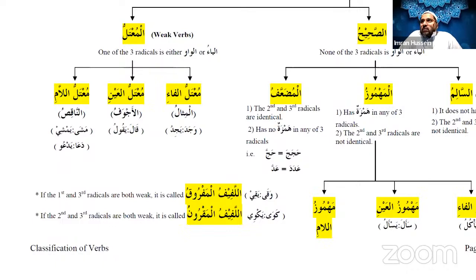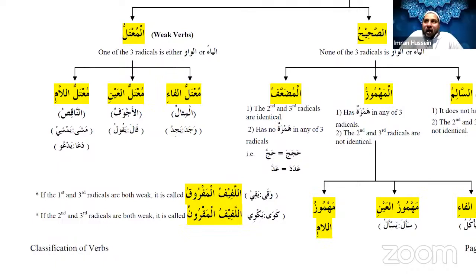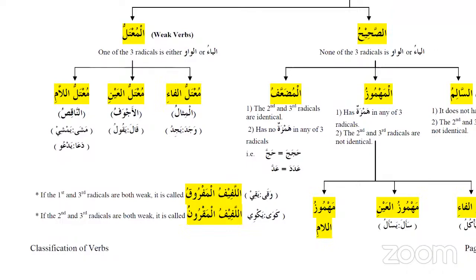And kawa yakwi means he ironed. Is that clear? Thank you.